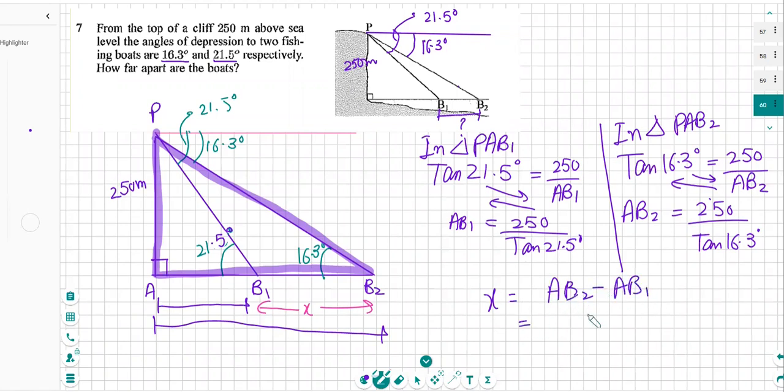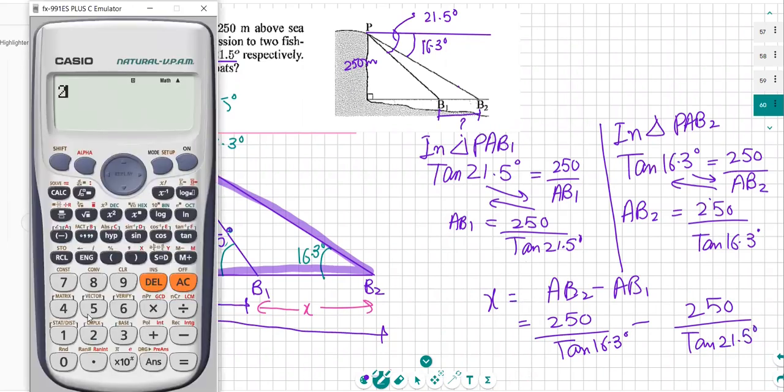Clear? So inserting the values, AB2 is 250 over tan 16.3 minus 250 over tan 21.5, which is AB1. Got it? So now you can use a calculator to simplify this whole expression at once. 250 over tan 16.3 minus 250 over tan 21.5.